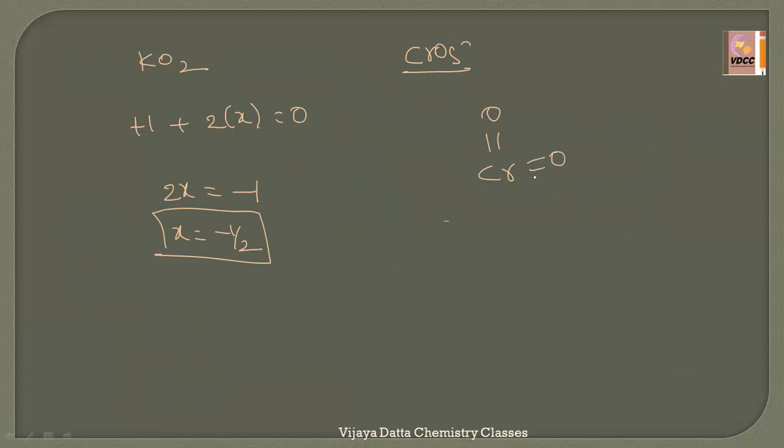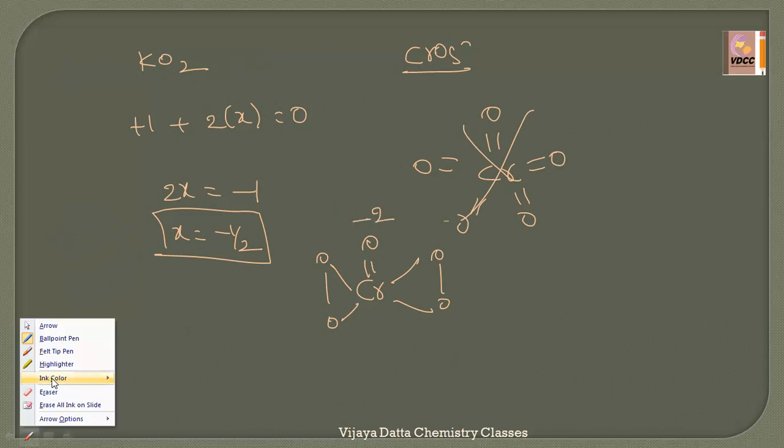If you take all oxygens as double bonds, chromium would exceed its oxidation state, so that is not the structure. What is the correct structure? The oxygens are in peroxide linkage on the chromium. Chromium is directly attached with a double bond, so it is an oxide linkage, and it shows a minus 2 oxidation state.